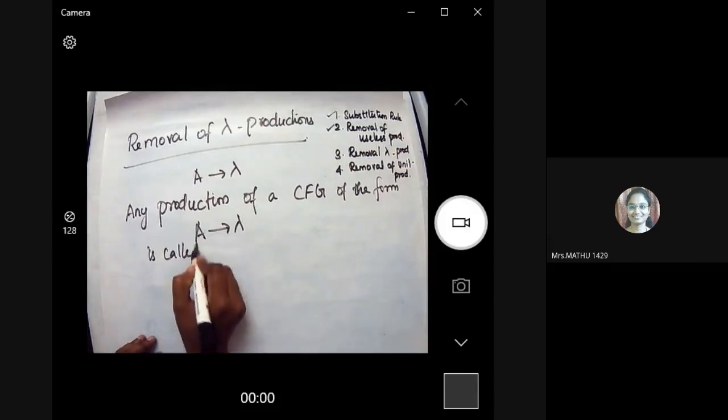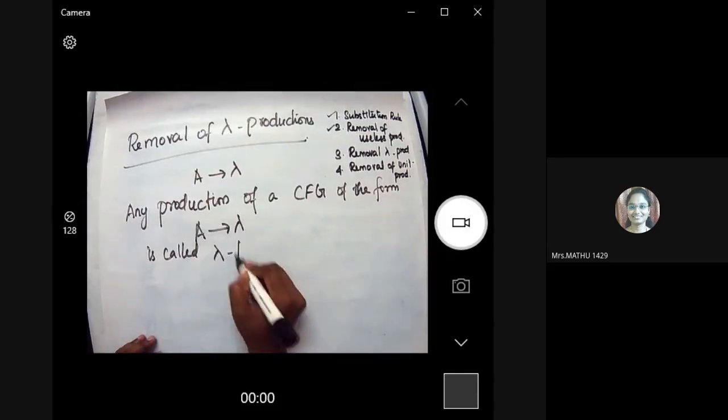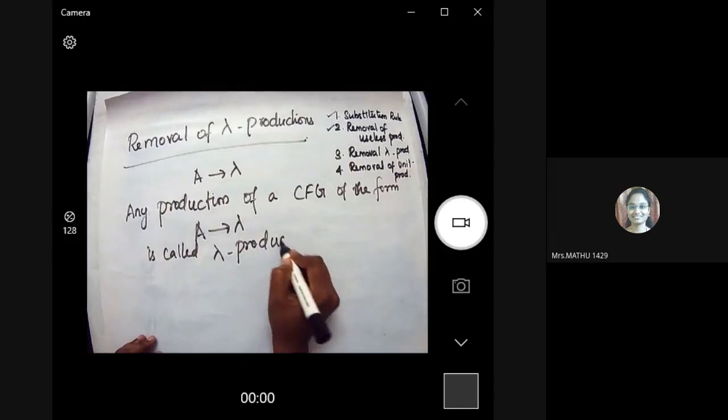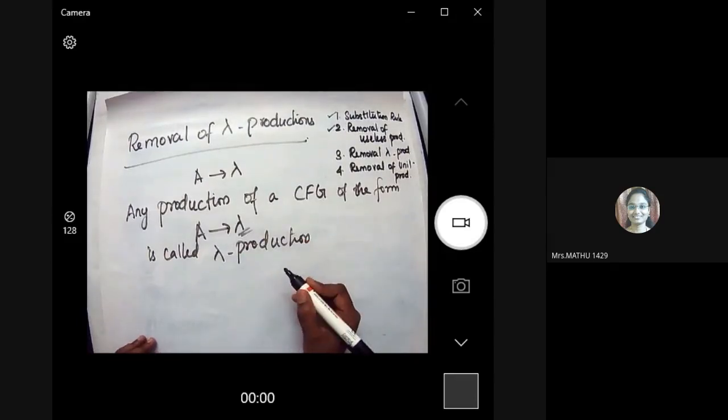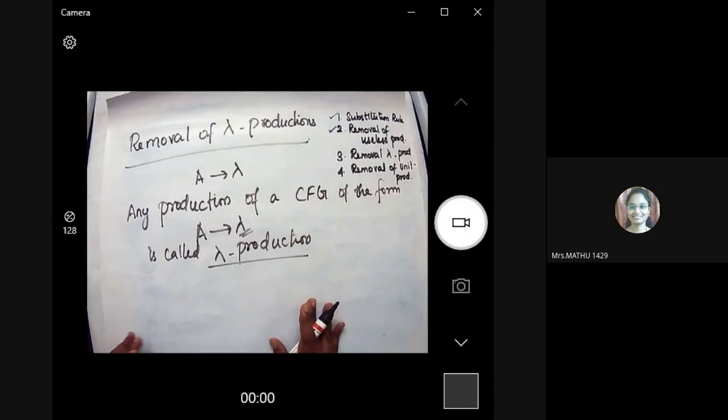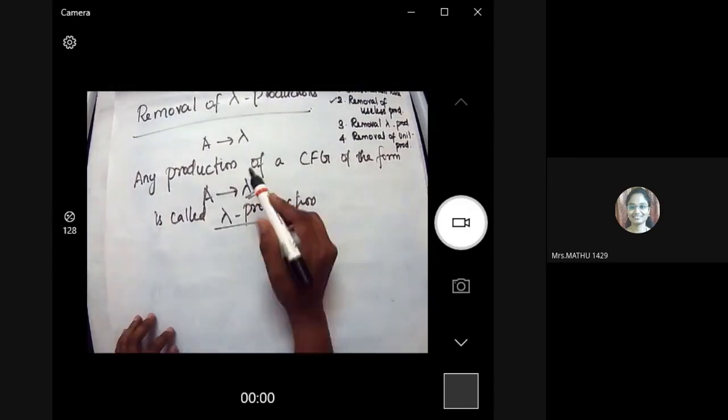If you have simply an empty string or lambda on the right hand side of your production, it is called a lambda production. We can find this kind of production easily because lambda is explicitly present on the right hand side.